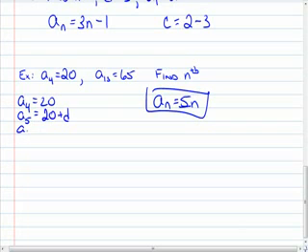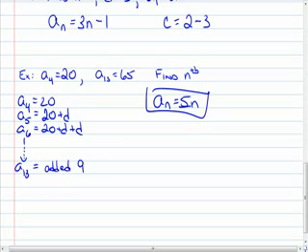So A6 would be whatever A5 was, which is 20 plus D, and you'd add yourself another D. And A7 would be 20 plus 2D, and you'd have to add yourself another D. So when we get all the way down to the 13th, how many D's are we going to add to this thing? 9 D's.